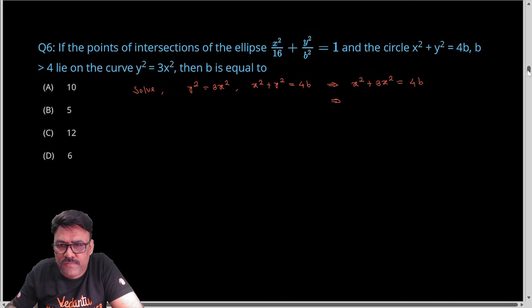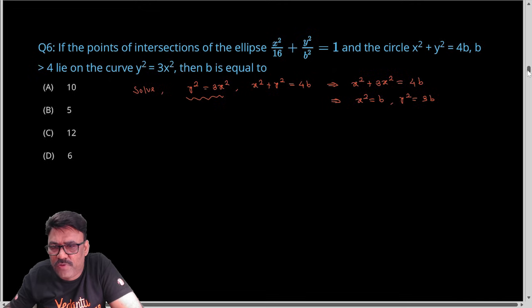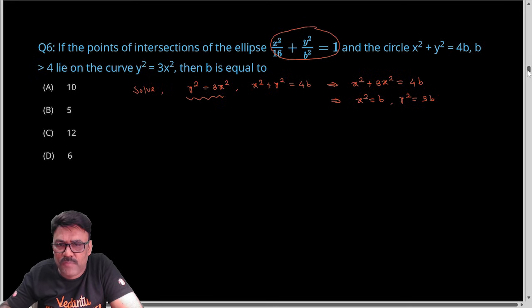So this gives you x square is equal to b. And if x square is b, then y square will be 3b. And now this point must also satisfy the ellipse. So put x square is equal to b, y square is equal to 3b in the ellipse.